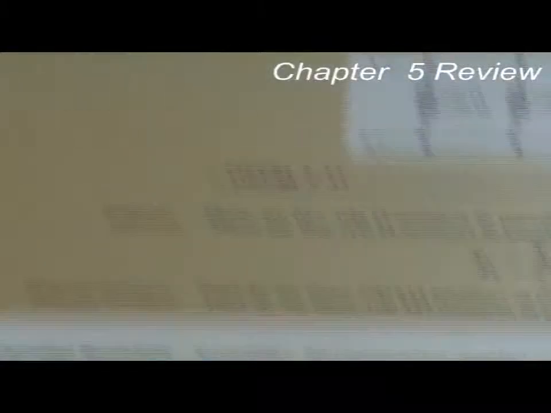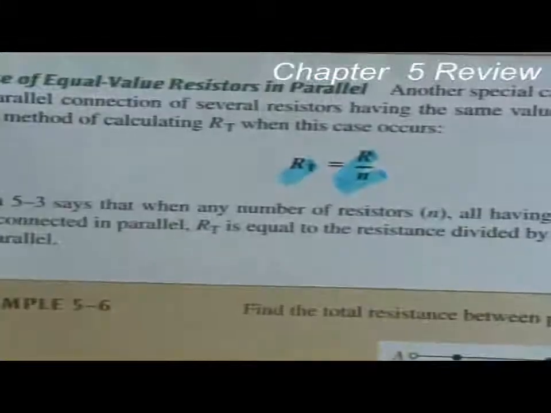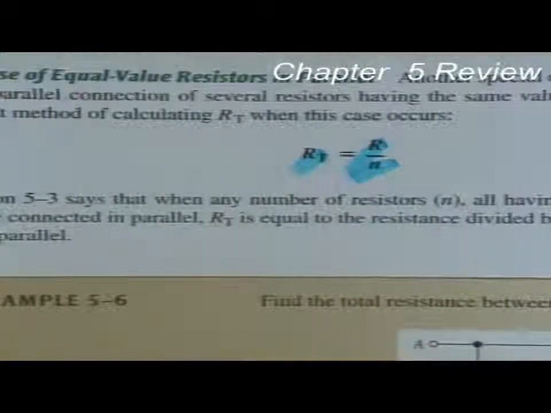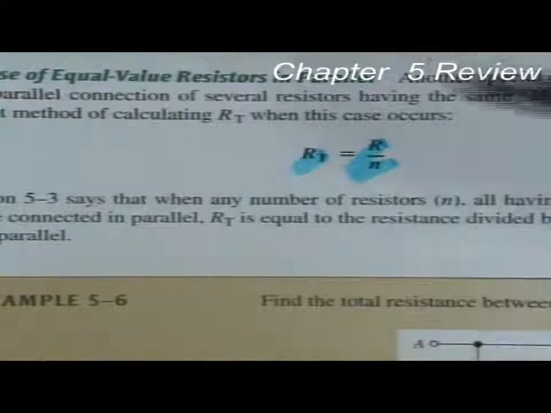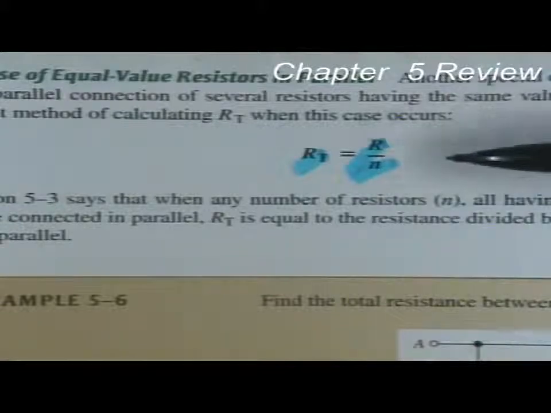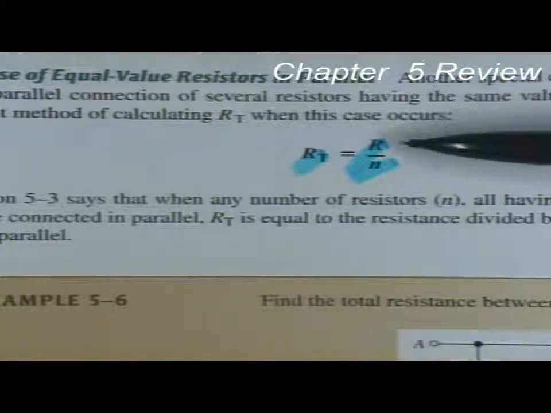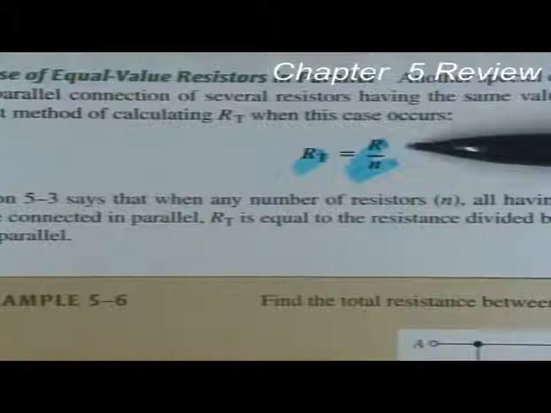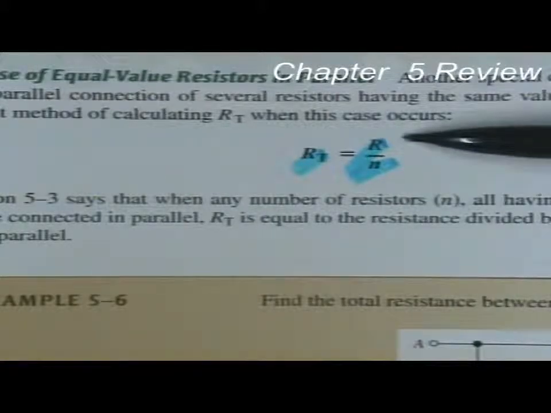And the one we're going to talk about now is this formula here, where RT is equal to R divided by N. Now let me clarify that a little bit. When you have more than one resistor, you can take the resistance, and let me clarify, use this formula only in the case where the resistances are the same.